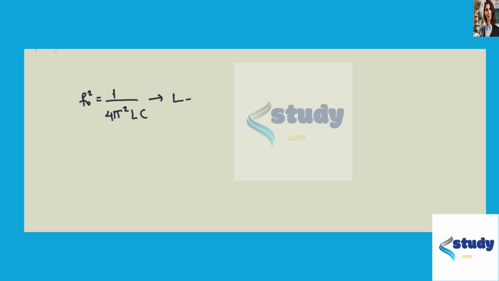So the inductance L is equal to 1 over 4 pi squared F naught squared times C. From the inductance equation for a solenoid, that equals mu naught n squared times the cross-section area divided by the length of the solenoid.